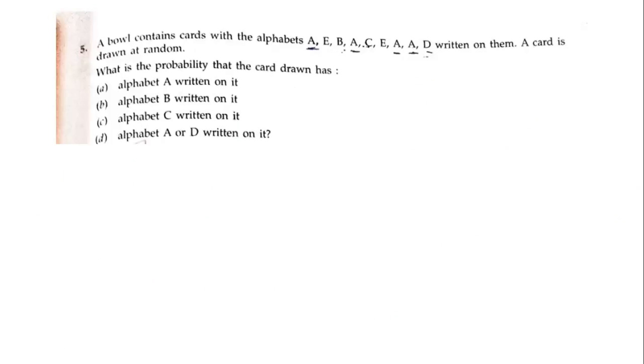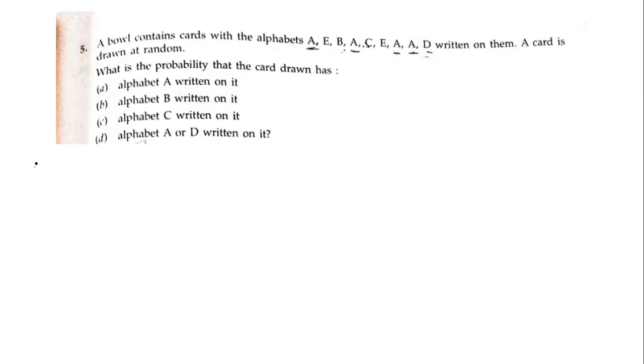Now moving on, a bowl contains cards जिन पे ये लिखा हुआ है AEBACAEAAD card. What is the probability that the card drawn has alphabet A?